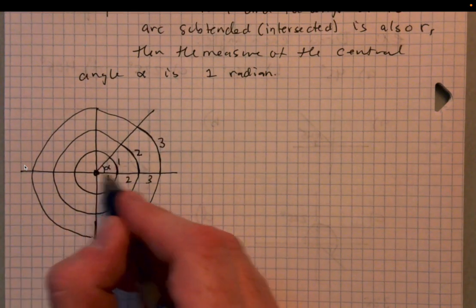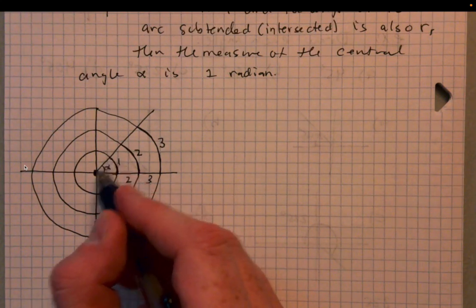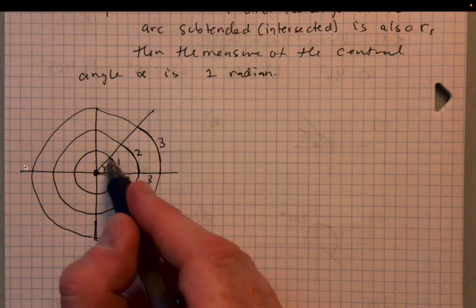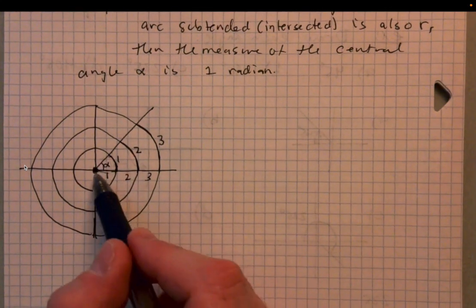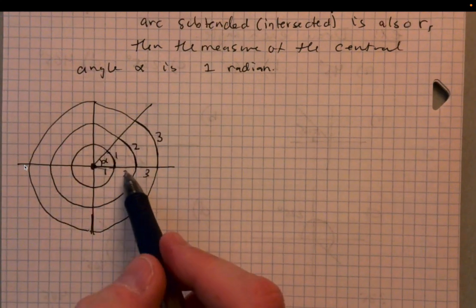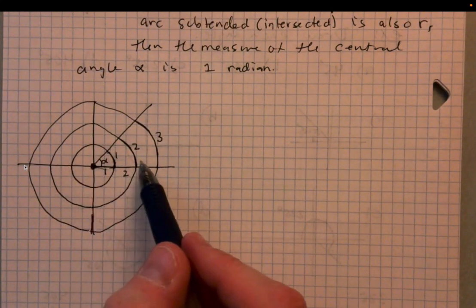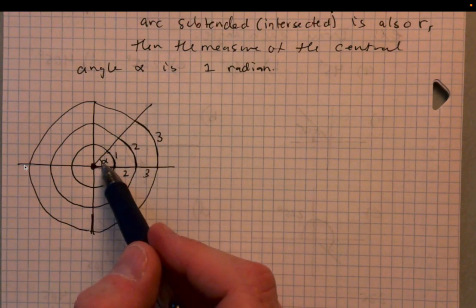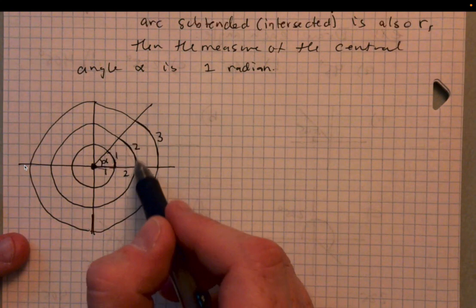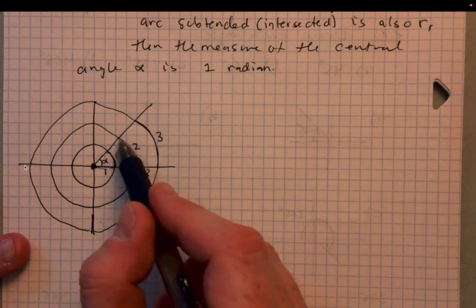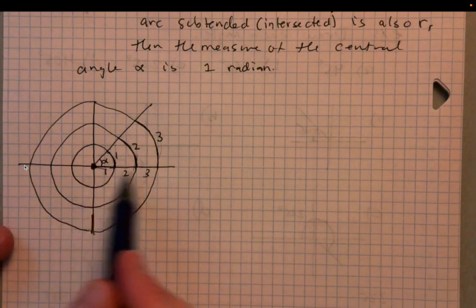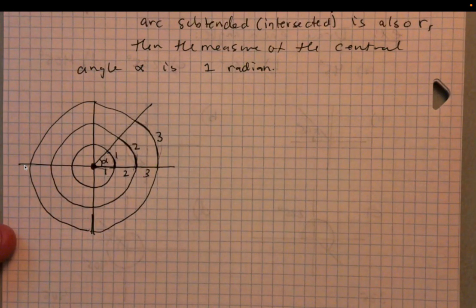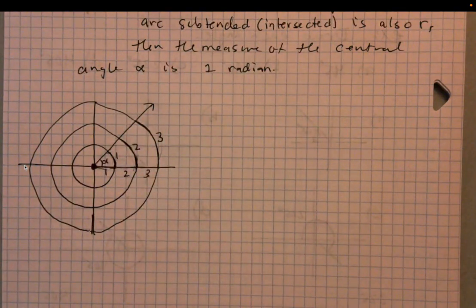For a circle of radius 2, like this middle circle, the central angle, again still 1 radian, is going to subtend an arc of length 2. You see it's the same angle. And as the circles get larger, the arcs grow in coordination with the radius.